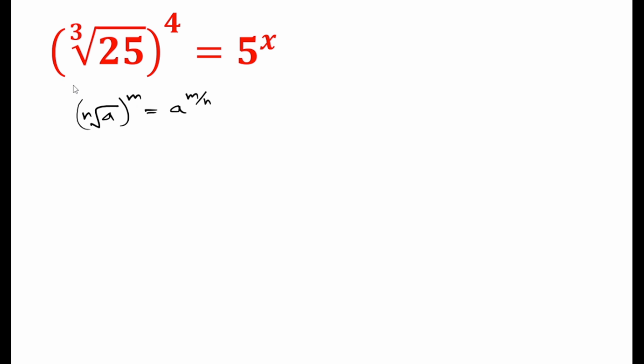Now if we compare the left hand side of the equation with this property, then we get n equal to 3, a equal to 25, and m equal to 4.